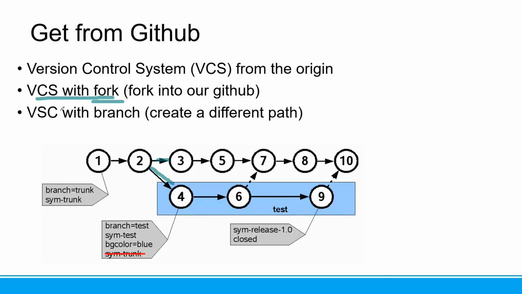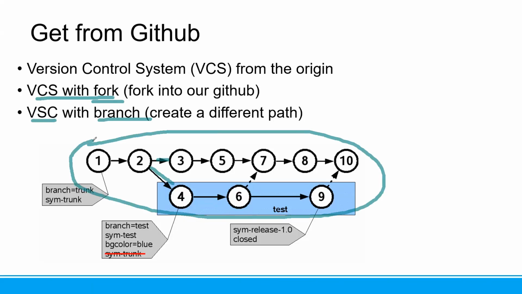But in the VCS, sorry, this is VCS, not PSC, for the VCS with branches, it is internal to Github. If you are using fork, it means you are doing an external process from the Github, but branches are just internal in your Github.